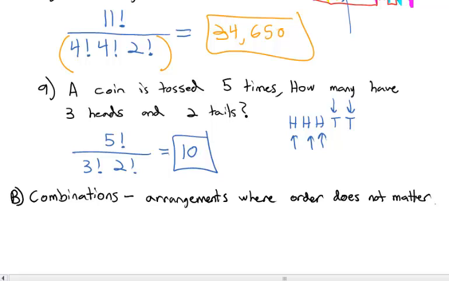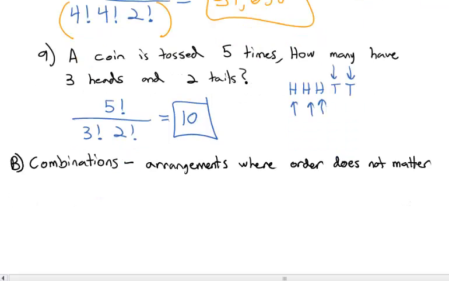I'm selecting 2 out of the 5 options, and I don't care which one I get first and which one I get second. And the way we show a combination is similar to the permutation. You've got a number of things, and we're going to select R of them. We just use the letter C instead of P to represent combination.